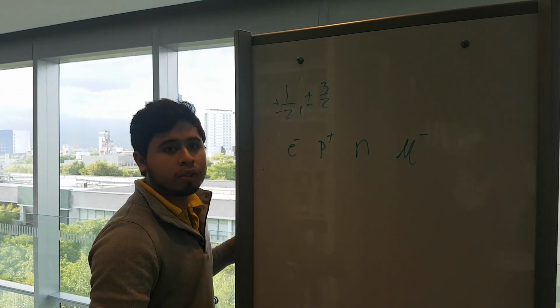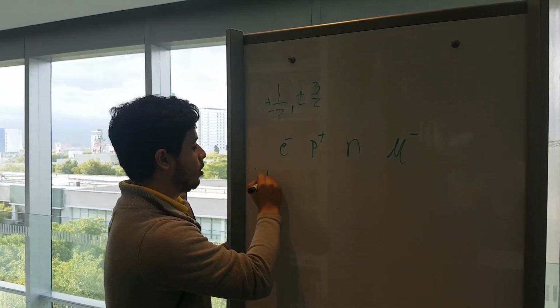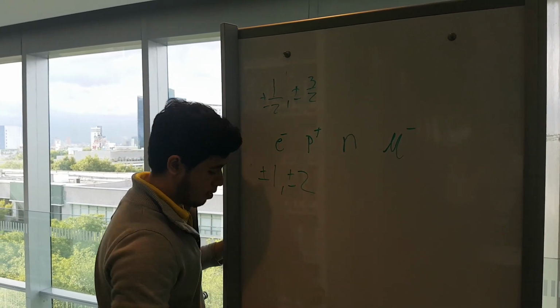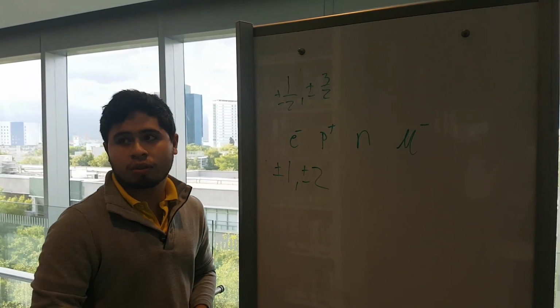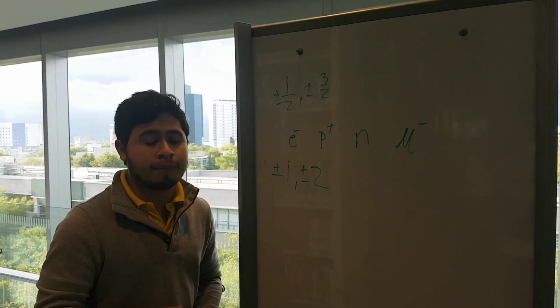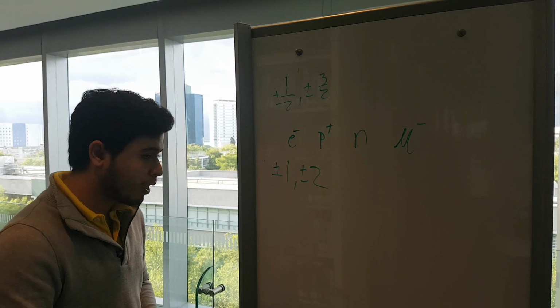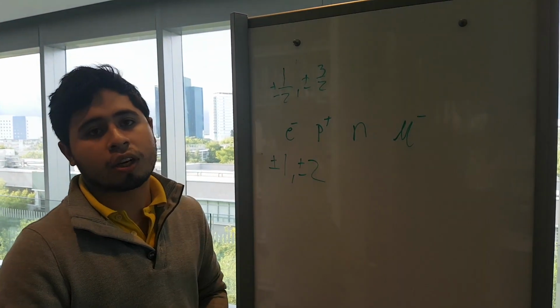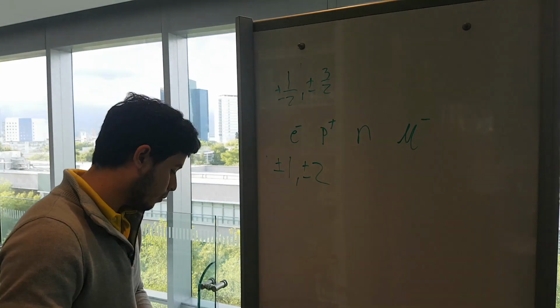In contrast, bosons have integer spin, plus or minus 1, plus or minus 2. They do not follow Pauli's exclusion principle, meaning they can occupy the same quantum state. As a matter of fact, they prefer it. And there is no limit to how many particles can occupy the same quantum state.